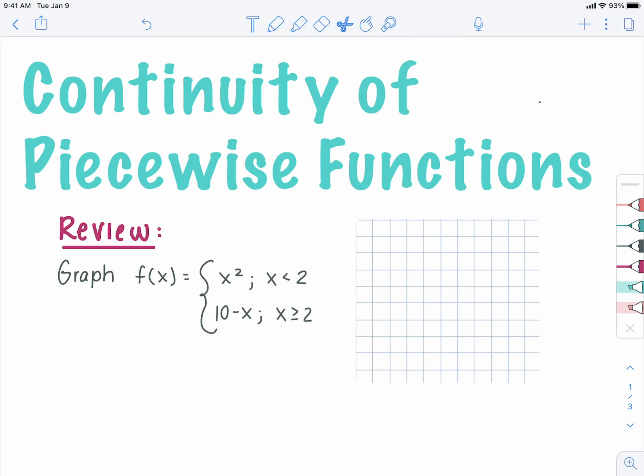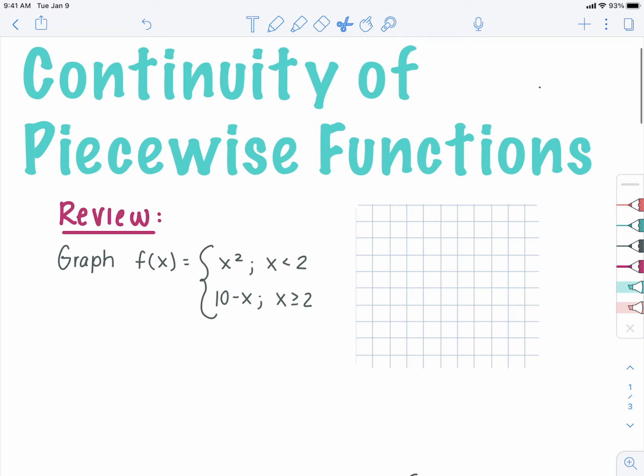So if I'm going to graph this, I need to make two tables, right? Make an XY table for x squared, and I'm going to make an XY table for 10 minus x.